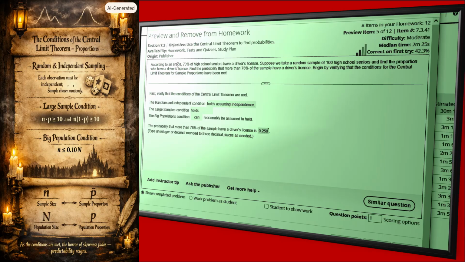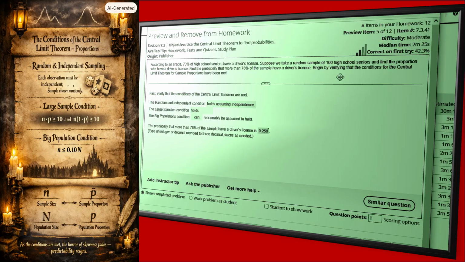But anyway, here we have 70. According to the article, 73% of high school seniors have a driver's license, which looks like what we just did. I think the only difference here is we're going to start really applying the central limit theorem instead of just assuming it, by calculating the standard error.